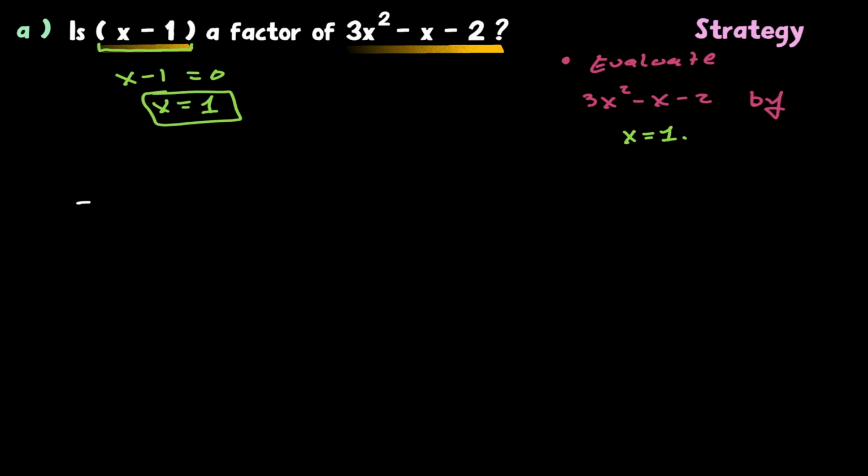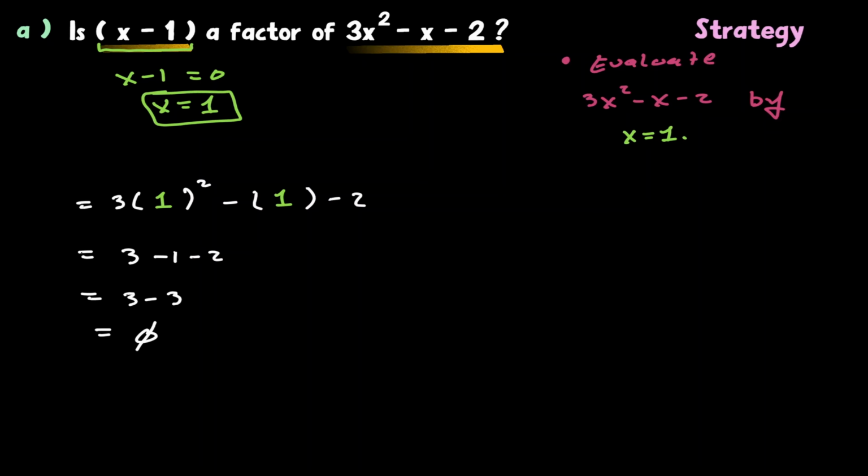So let's do that. We're going to get 3 times 1 to the second minus 1 minus 2. Our first expression here is equivalent to just 3 minus 1 minus 2. Then we get 3 minus 3, and then we get a value of 0. Now let's make sense of our result.